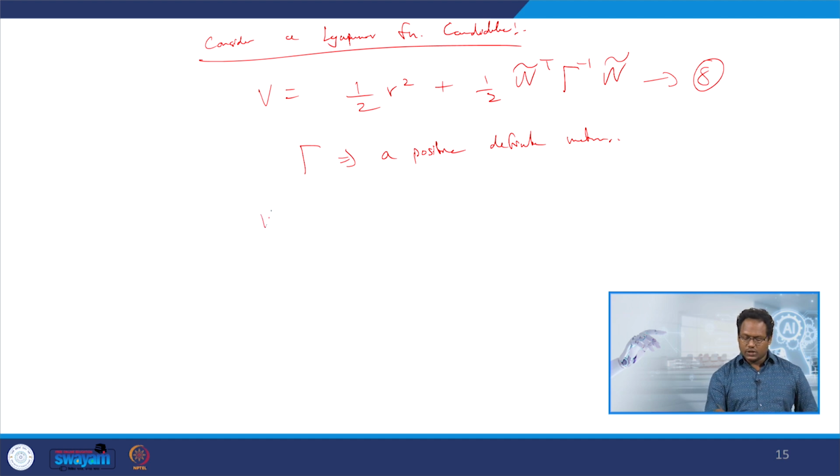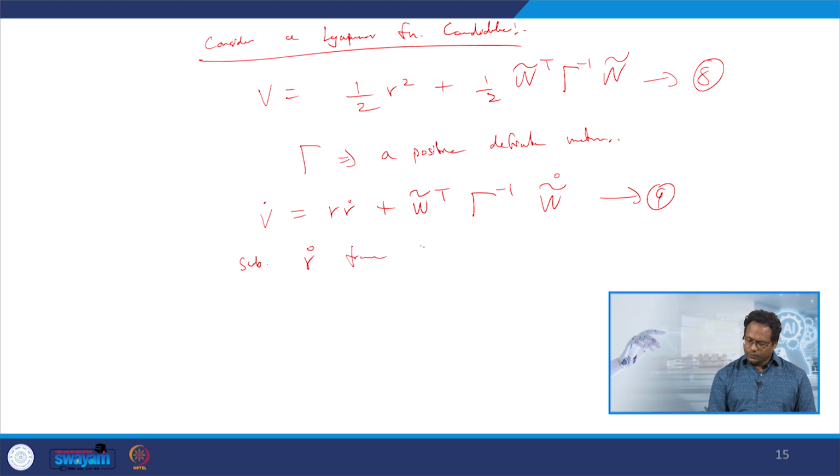Let us differentiate equation 8, that is the Lyapunov function candidate is differentiated in order to give V dot equal to r r dot plus w tilde transpose gamma inverse w tilde dot, that is equation 9. Now, substitute r dot from equation 7 into equation 9.